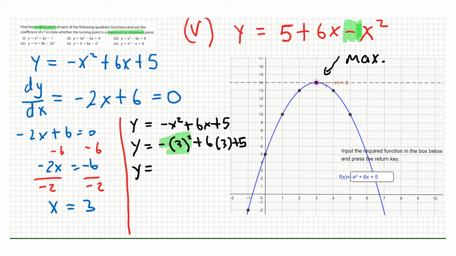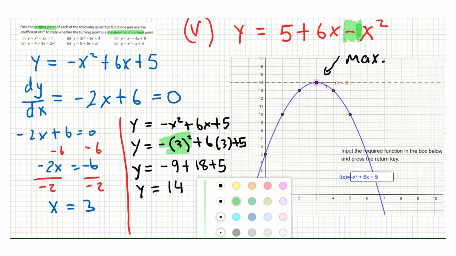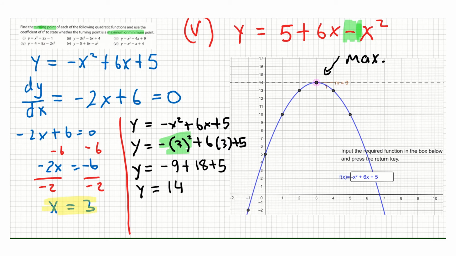So 3 squared is 9, minus 9, plus 18, plus 5, y equals 14. So now we have x equals 3, y equals 14, and that will give us a coordinate 3, 14, which we know is a maximum turning point.